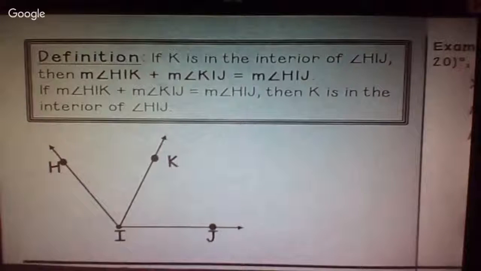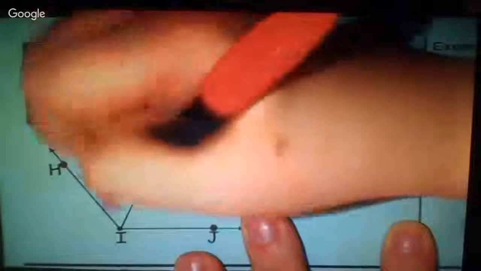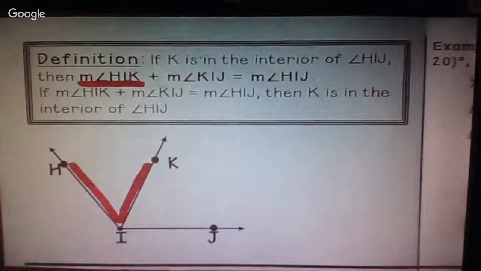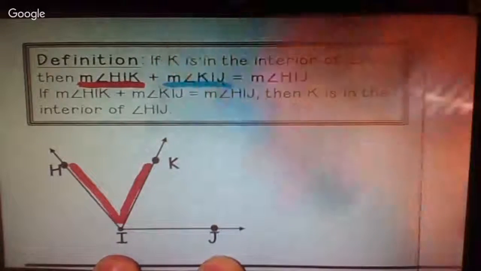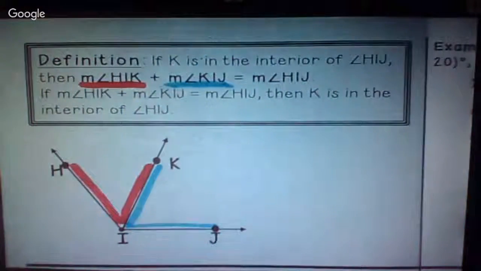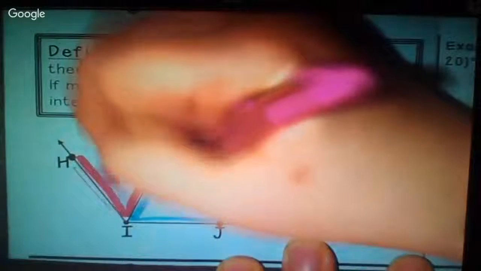Okay, so this says the measure of angle HIK, so the measure of this angle right here, HIK, if I add that to the measure of KIJ, which is this angle right here, it's going to equal the angle of HIJ, which is the whole thing.